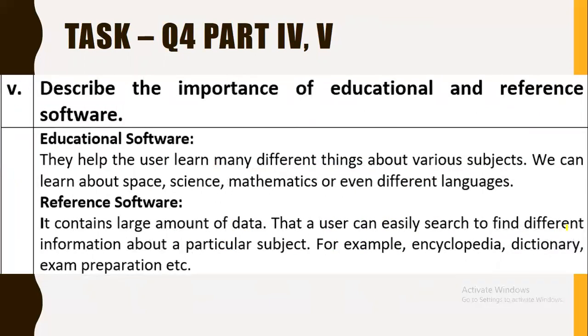This is question number 4, part number 5. Describe the importance of educational and reference software. We have discussed that educational software helps us to learn many different things about various subjects like space, science, mathematics, and even different languages.